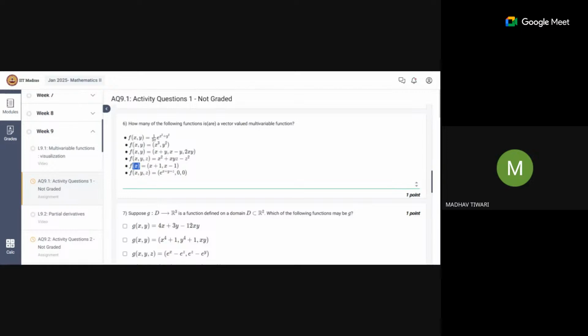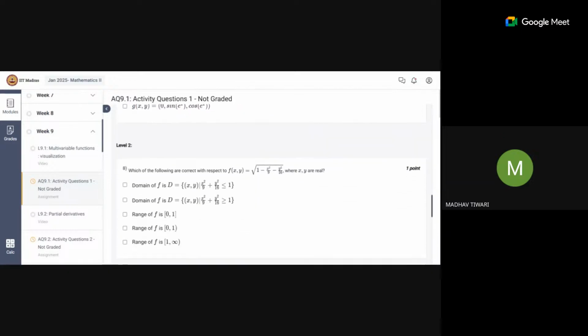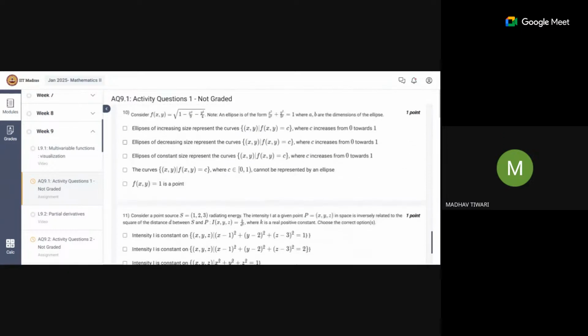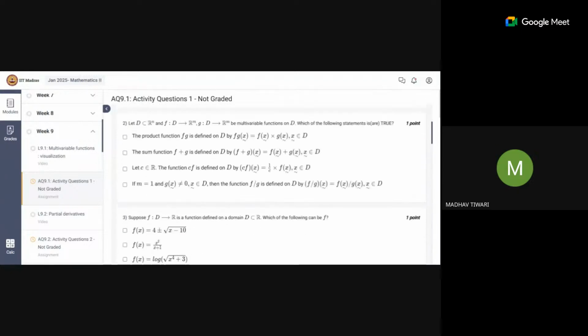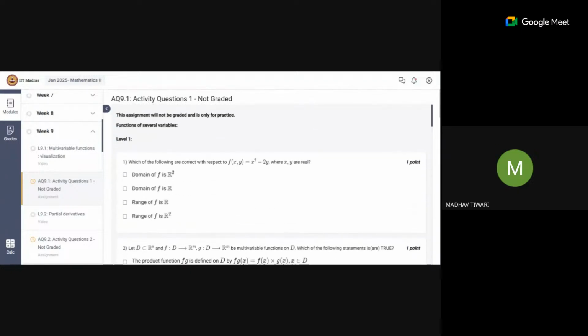Anyone else having any query in this 9.1? Basically, you have to understand two things.